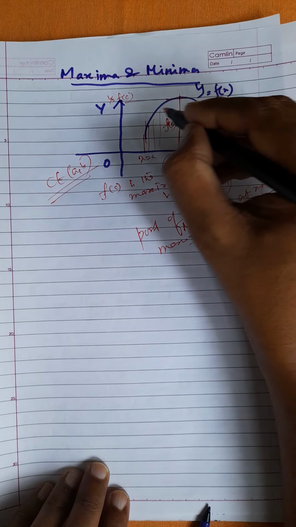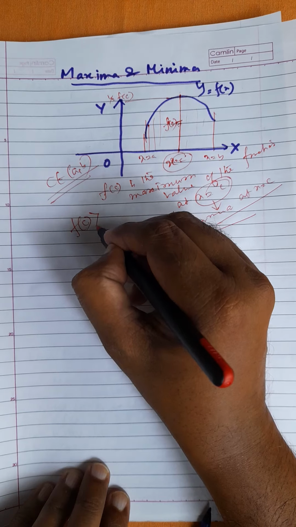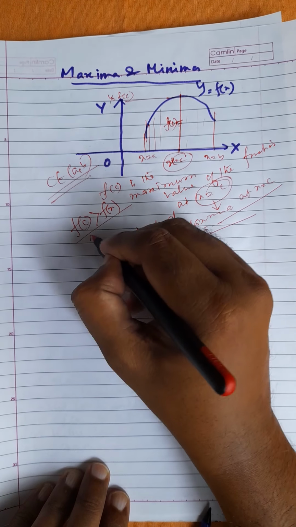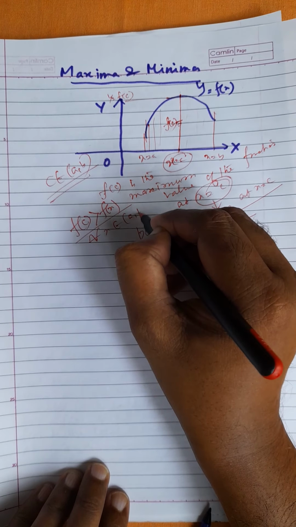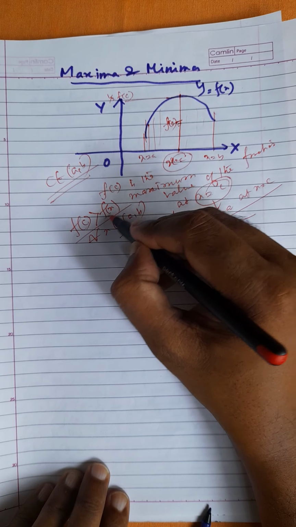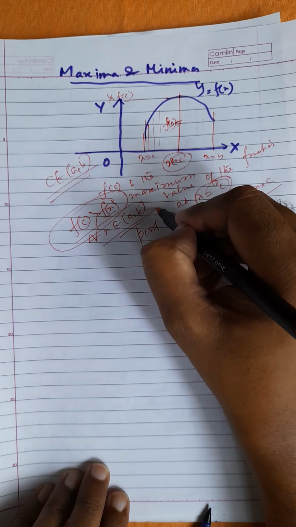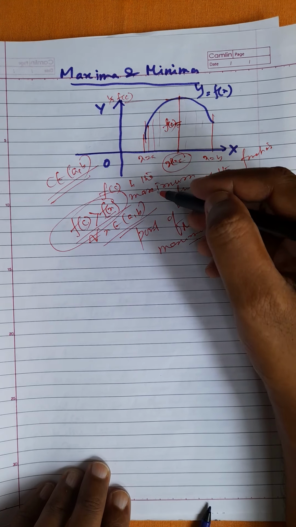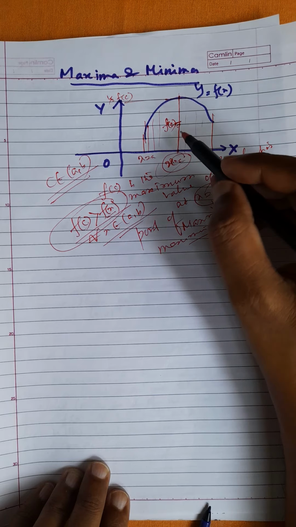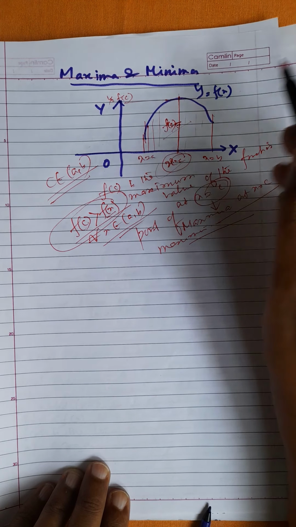See here, f(c) is always greater than f(x) for all x belongs to (a, b). Then f(c) is the maximum value of the function at x is equal to C.